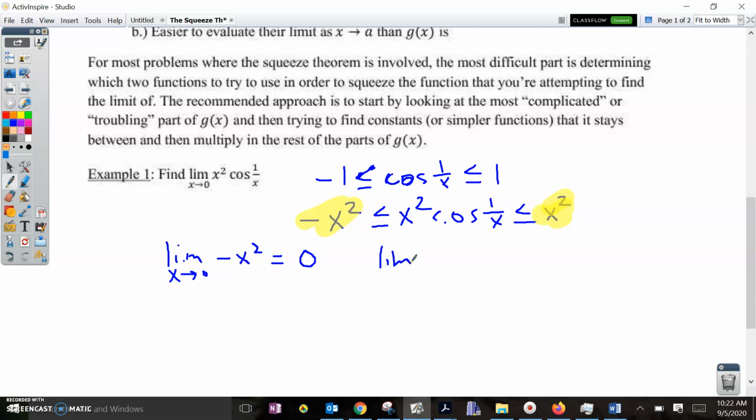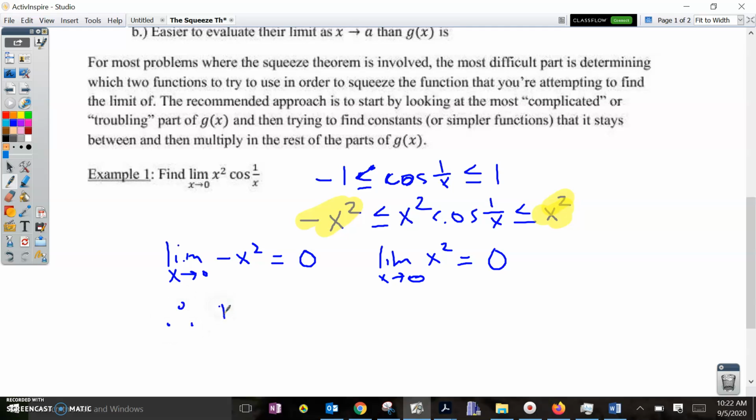The limit as x goes to 0 of x squared is the same deal. That limit's 0. So x squared cosine of 1 over x is sandwiched in between -x squared and x squared, and the limit of both as x approaches 0 is 0.